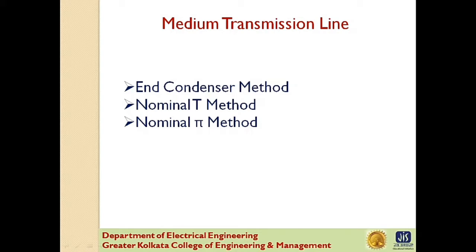Since medium transmission lines have sufficient length, 50 to 150 km, and usually operate at voltage greater than 20 kV, the effects of capacitance cannot be neglected. Therefore, in order to obtain reasonable accuracy in medium transmission line calculation, the capacitance must be taken into account.